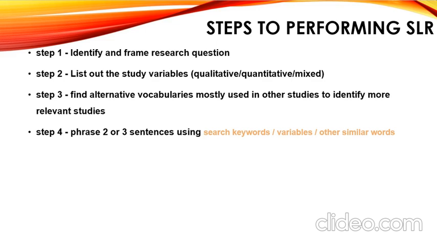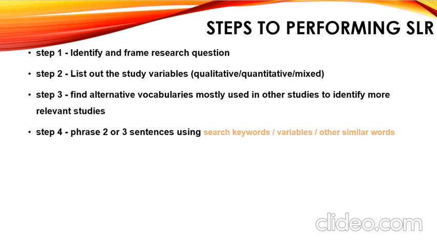Why is it important to find the similar words? Because if you are going to conduct this systematic literature review, for every keyword search in a research database, like Google Scholar, ResearchGate, or ScienceDirect, there will be different results.